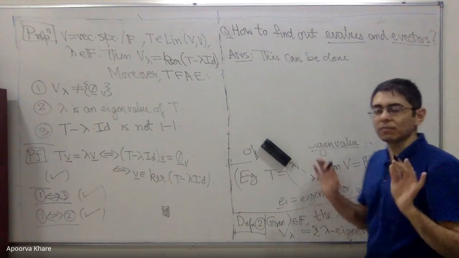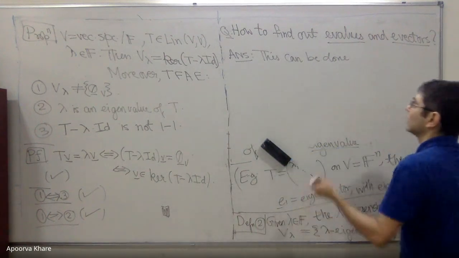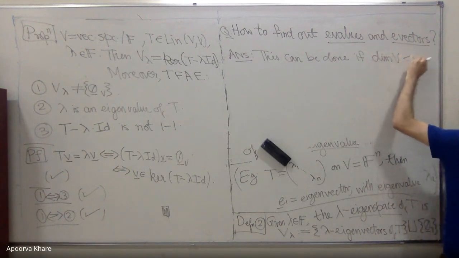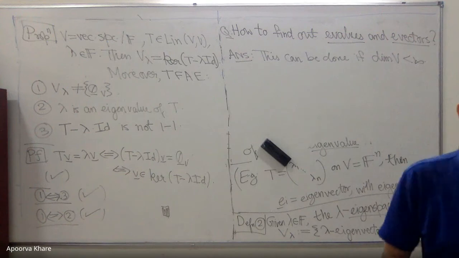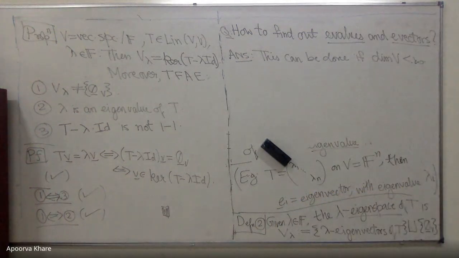I mean, by can be done, I mean an all-powerful computer can do this, if dim V is less than infinity. So how does it work? That is the part that I want to say as much as I can, and then we will stop.